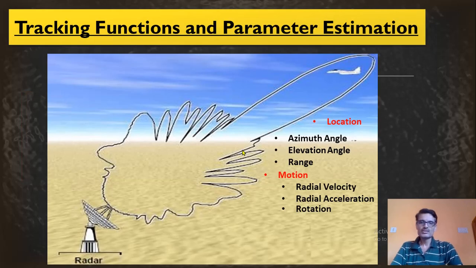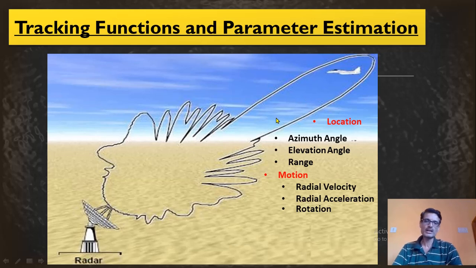So as I told you, here is the information we can get about a target from tracking radars. This is a target, this is the radar antenna, and this is the radiation pattern of the antenna with a certain beam width.